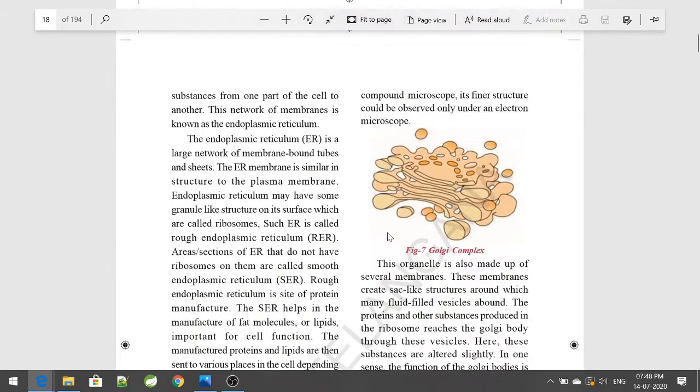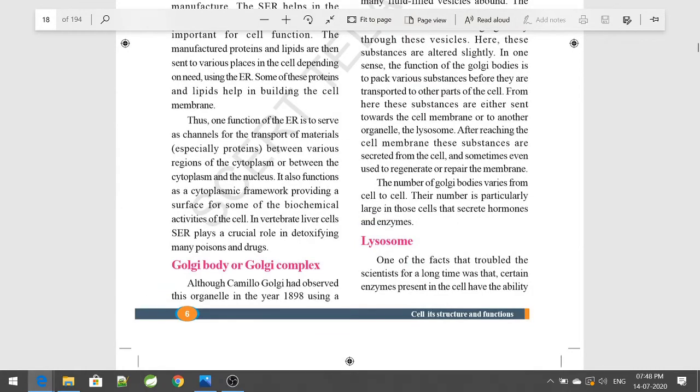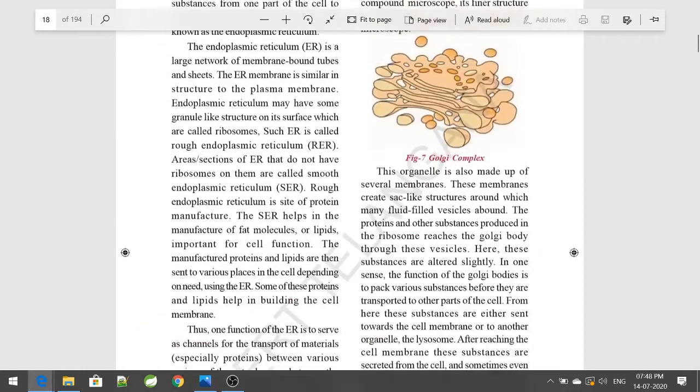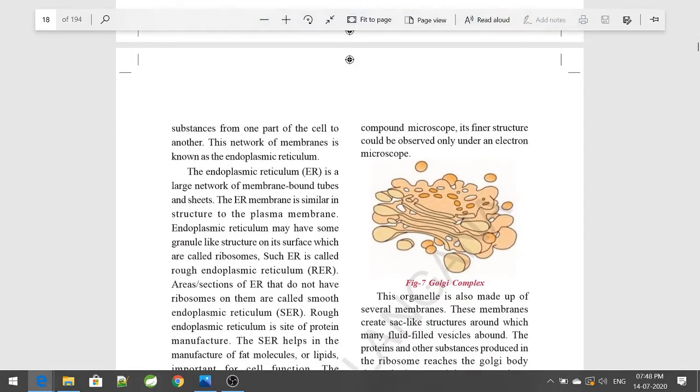Okay, and next come the Golgi bodies. Golgi bodies are also cell organelles, which were found in 1898 and can be seen in a compound microscope. These are thread-like structures which are bulged at the ends. They consist of vesicles which store the proteins.